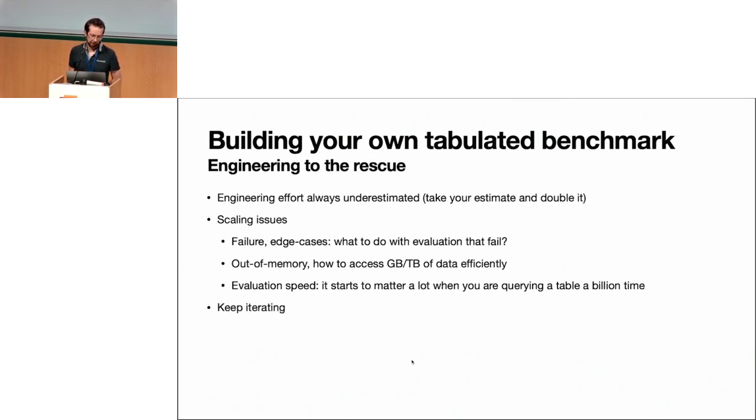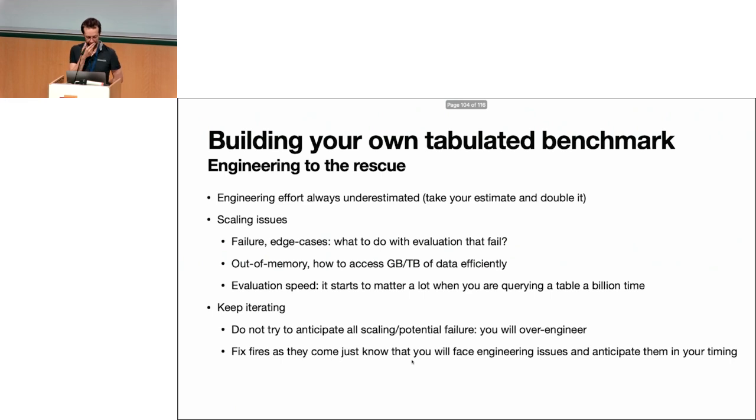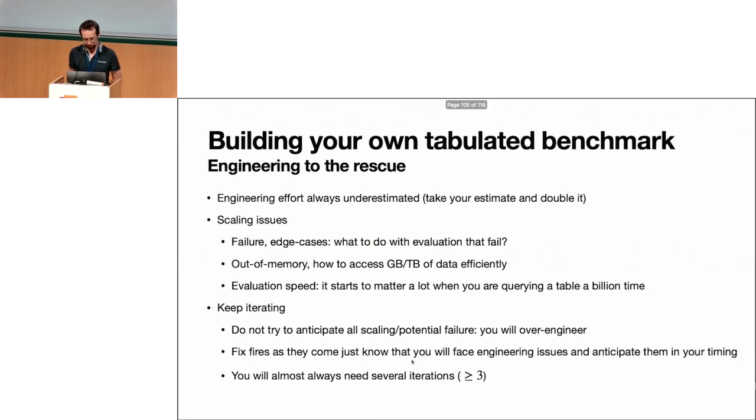The second thing is to keep iterating. I think it's important not to try to anticipate all those kinds of issues from the beginning of the project, otherwise you will over-engineer. Maybe you can fix fires as they come, but know when you're planning that it's going to take a bit longer than you initially anticipate.